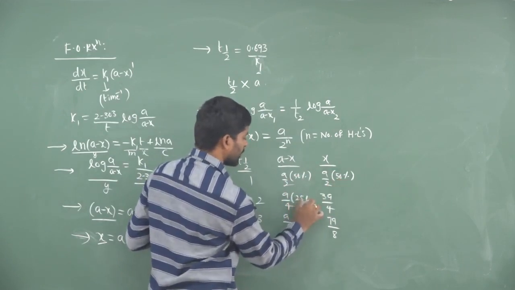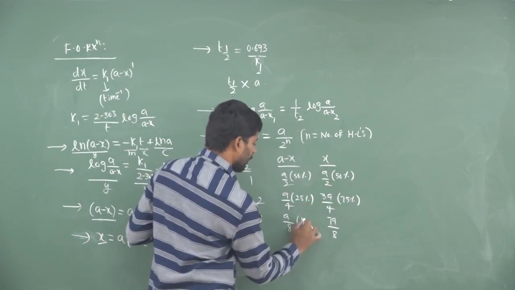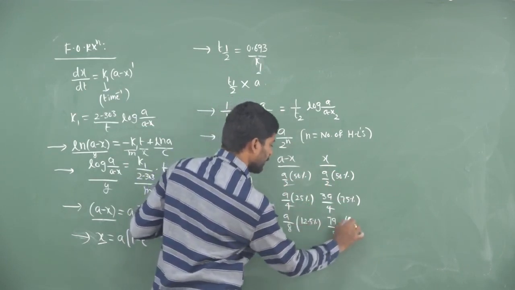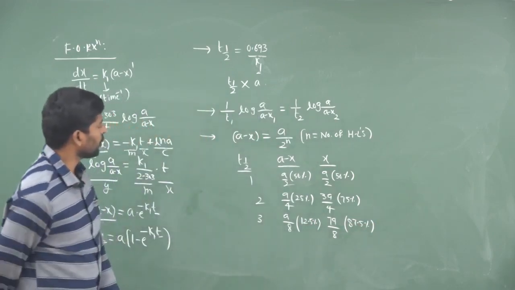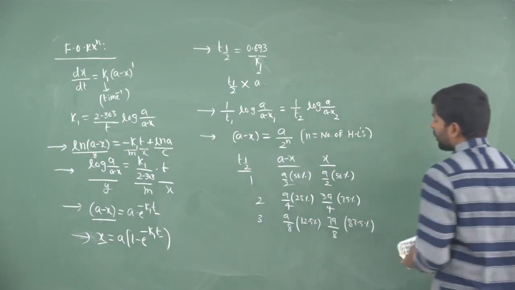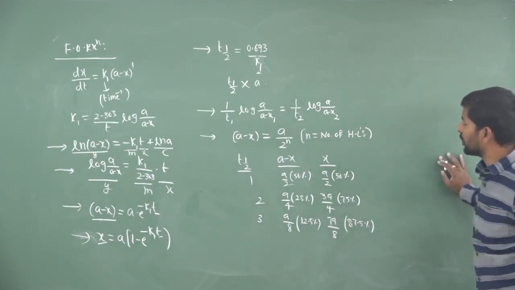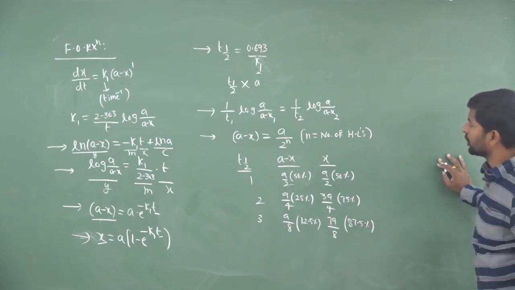Remaining 25%, completed 75%. Remaining 12.5%, completed 87.5%, and so on. The graph of number of half-lives versus remaining concentration of reactant and product concentration for first order reactions will be like this.